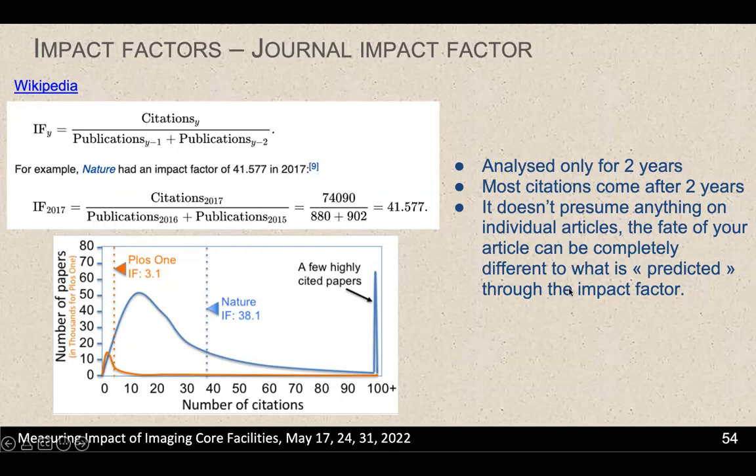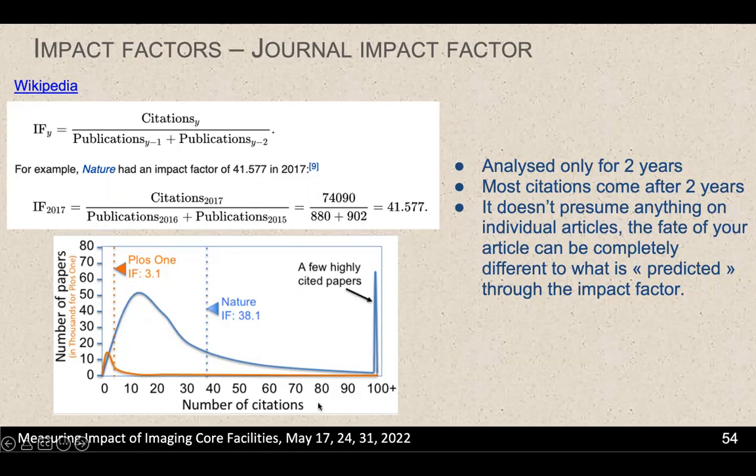The fate of your article can be completely different from what is predicted through the impact factor. If you look here at Nature, the impact factor, I guess for a different year, is 38.1. But if you look at individual articles in Nature, you have a few that are very highly cited papers, but the big majority have lower citations than the impact factor.